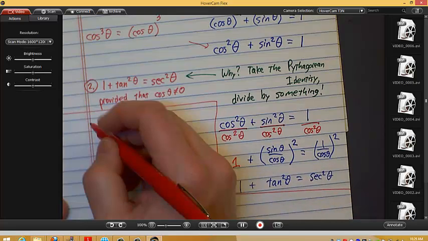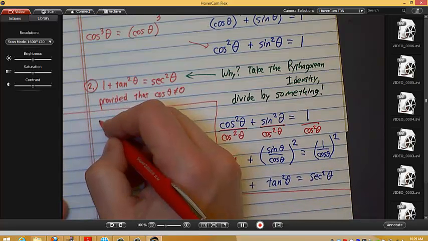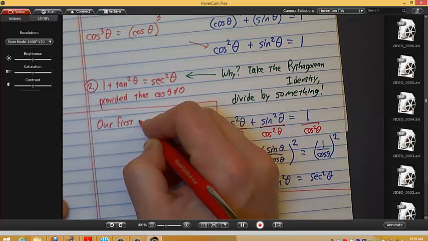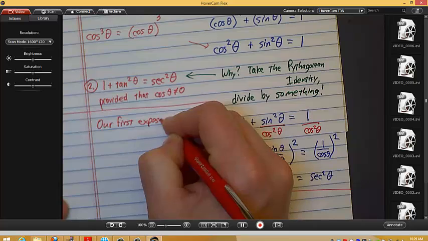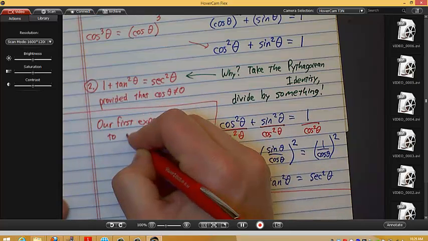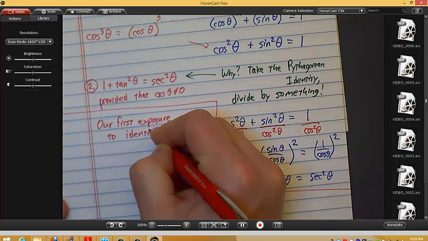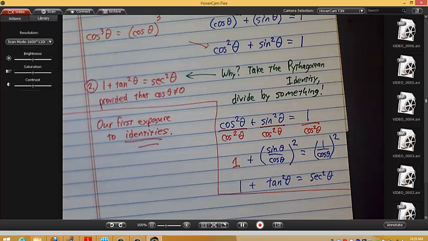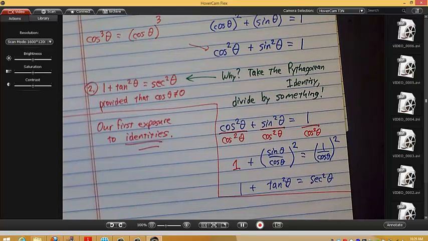This is our first look, maybe our first exposure, to what are called identities. And that takes practice, and that's one of the things I wanted to make sure I spent some time on today. Okay? So I think I'm going to finish the class by giving you guys some more practice with identities, okay?